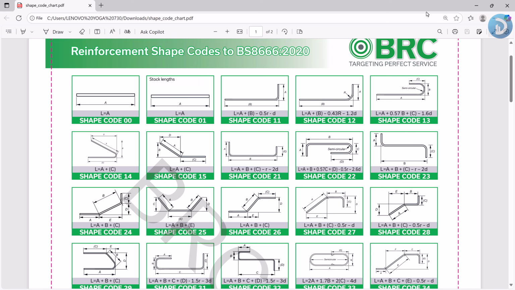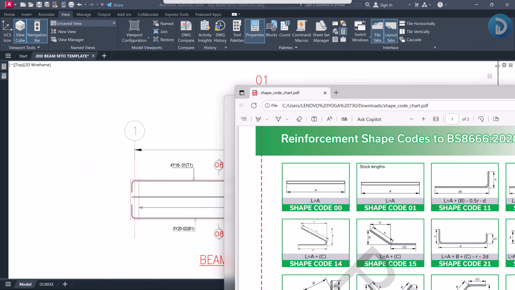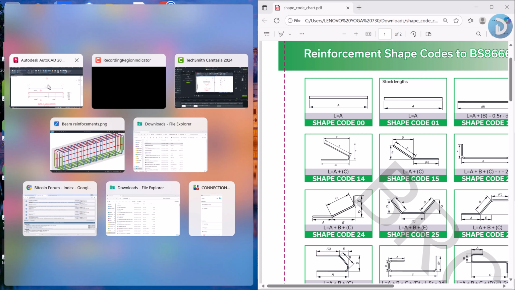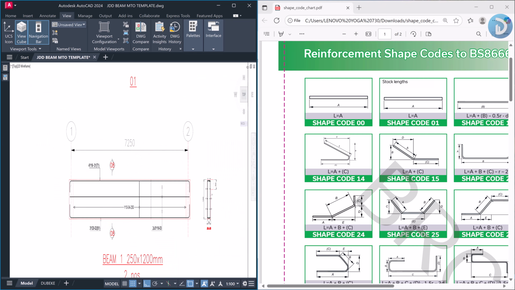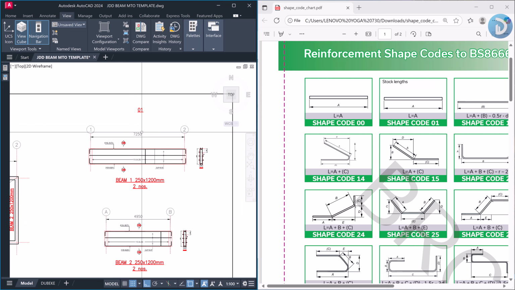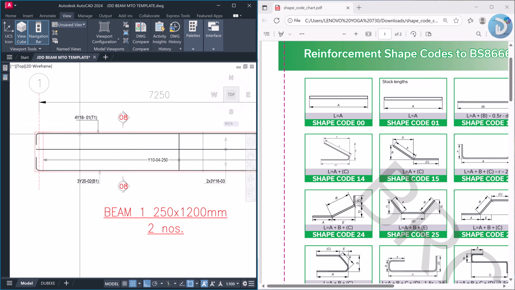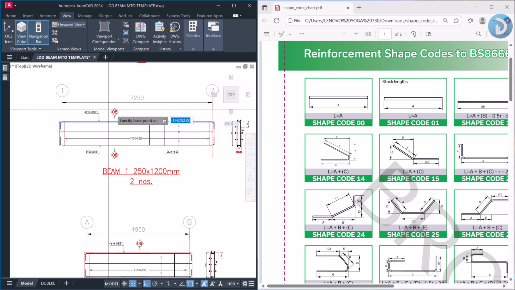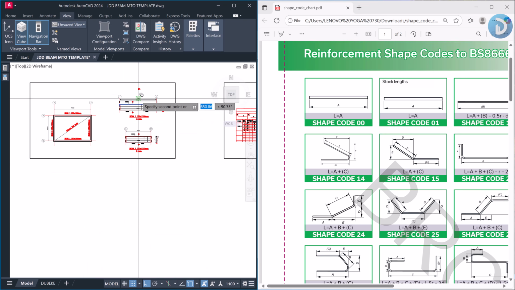So for our bar mark 01, let me put this here. We'll create a copy of this. I'll select this and copy it downward, and take this reinforcement to this point.